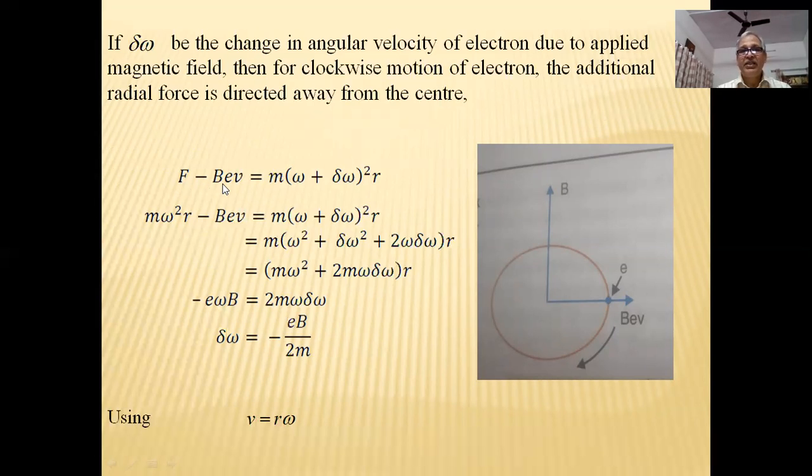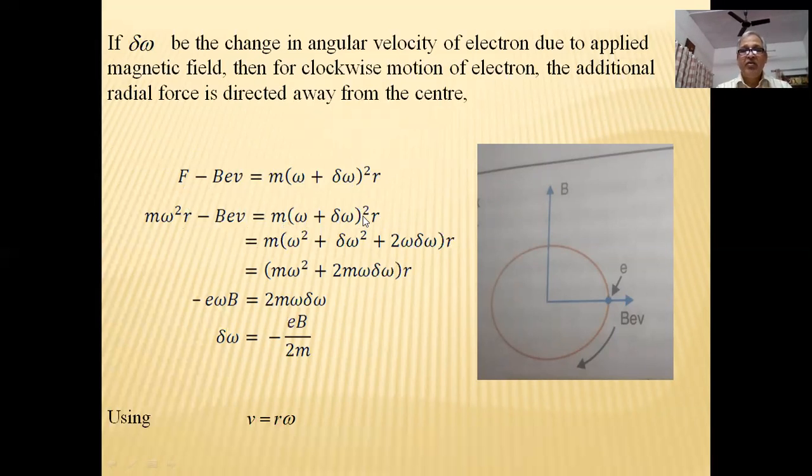F minus eBv equals m times omega plus delta omega whole square into r. We put the value of F from the previous slide. The value of F is m omega square r, so m omega square r minus Bev equals m omega plus delta omega whole square r.